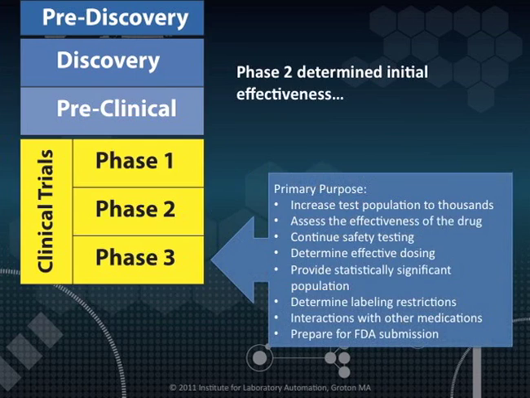In Phase 3, we move on to larger populations. Notice that the phase process is a very cautious progression, moving from a small number of people to larger and larger populations as the safety and effectiveness of the treatment are demonstrated. In these larger populations, we continue to evaluate safety and effectiveness in what has now become statistically significant populations.